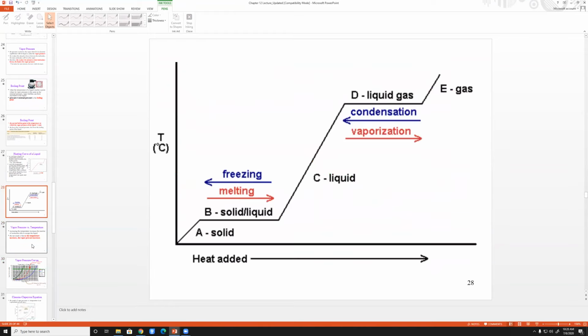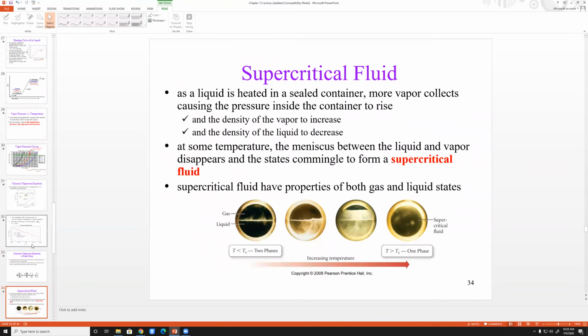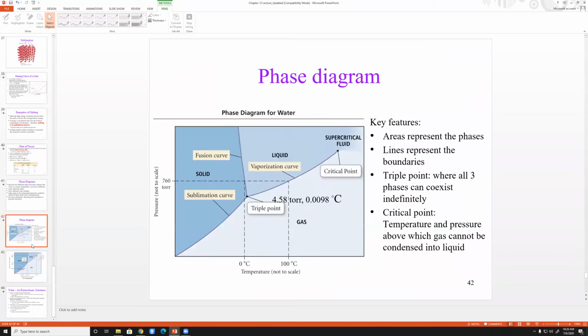Another thing that's related to state is the pressure. I keep flipping through slides, but we'll go here. For pressure, you don't even need a high temperature to make something a gas, or a low temperature to make something a solid. All you need to do is change the pressure.